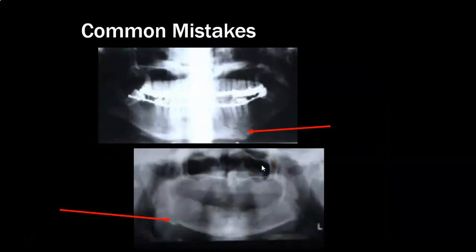Common mistakes. So the mandible continuity, so we can see here this kind of jagged line, or like the patient moved. So fracture in the mandibular body, bottom patient has moved. So here we want to understand the difference of what we're looking for. Do you see this fracture line that goes all the way this way? There's so much distortion here.